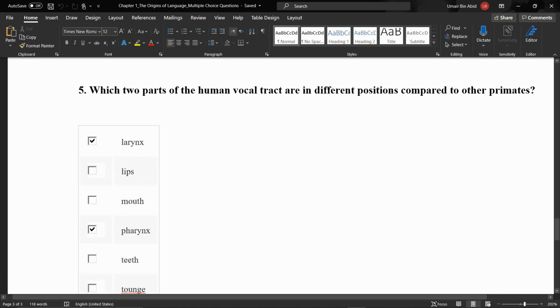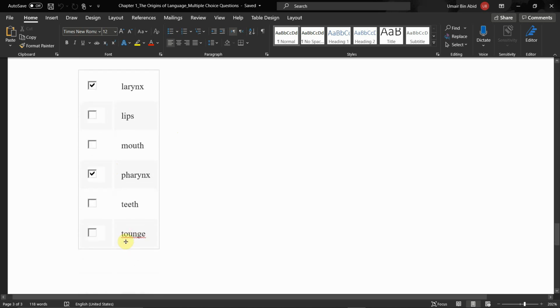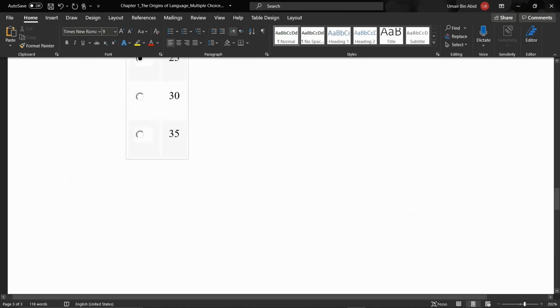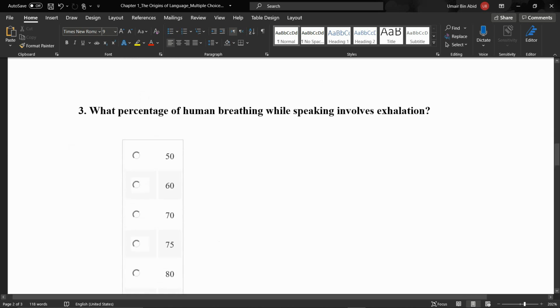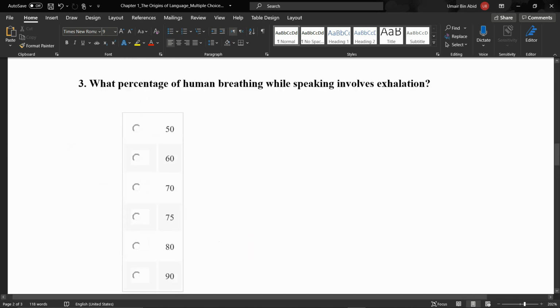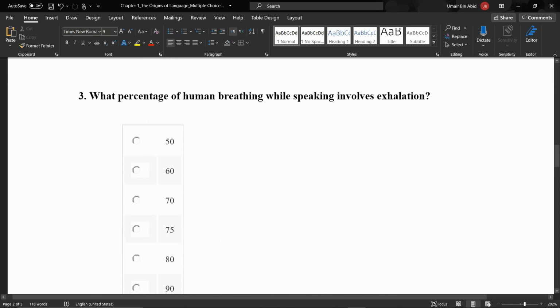All right. So these were the 5 MCQs. The best way is just to read the complete chapter, then very carefully read the question and then answer it. It is the best way to do any MCQ.